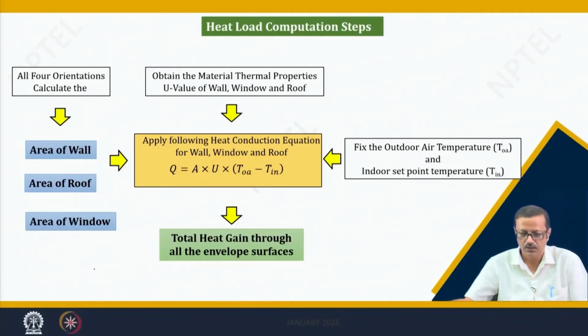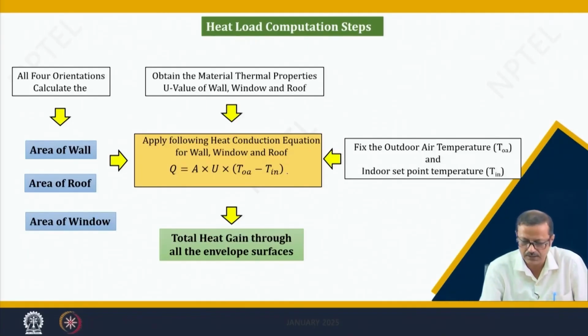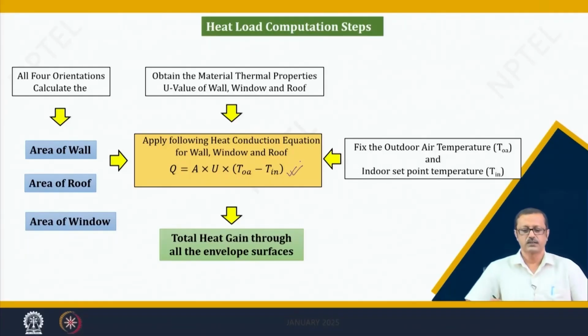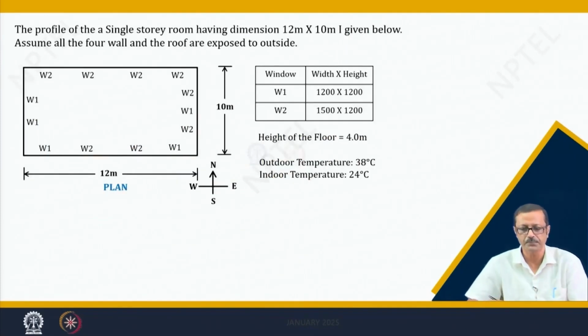And finally, we will compute with this equation, which is also known to us: the corresponding area is multiplied with the corresponding U value and the temperature difference between the outdoor and the indoor, which finally gives us Q, the heat gain in watt. So, we will take a small problem straight away, and let us see how these steps can be taken into account.